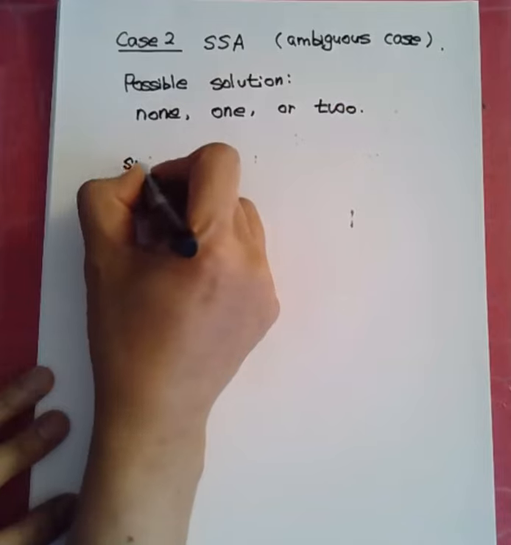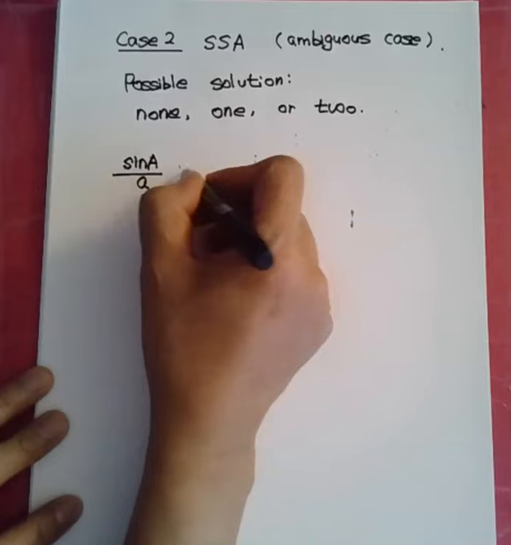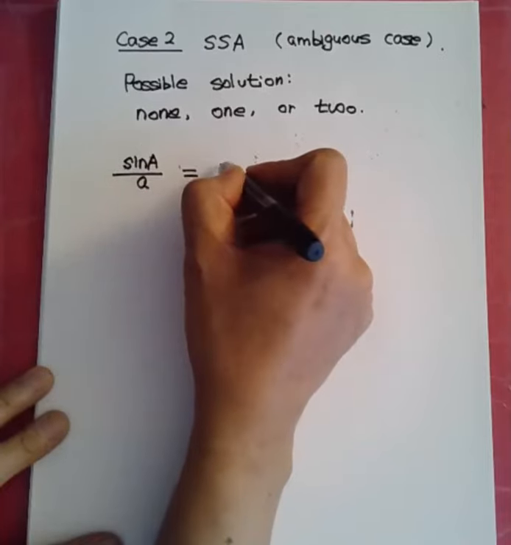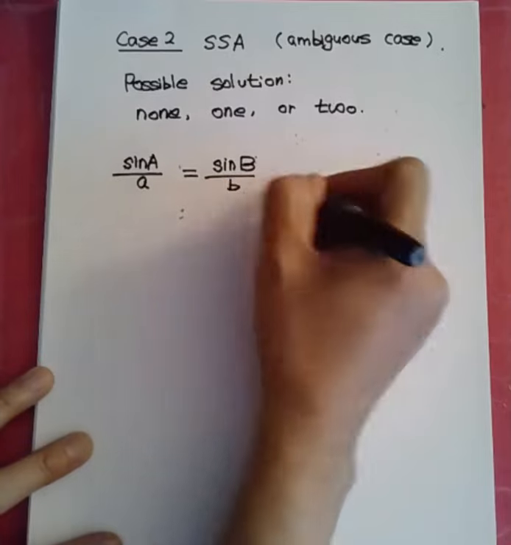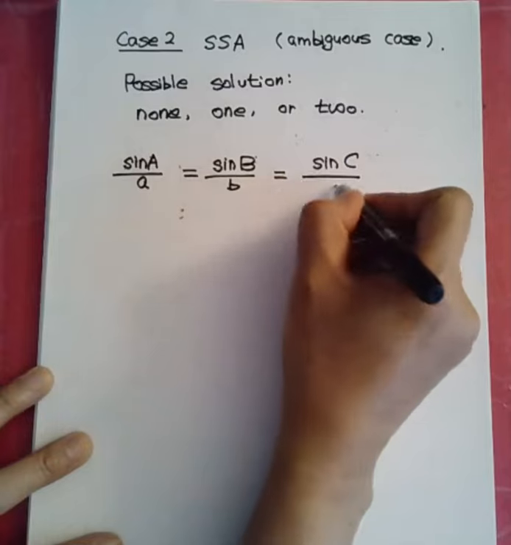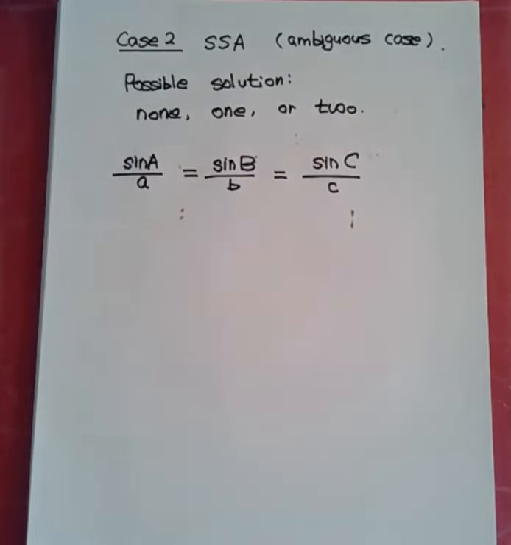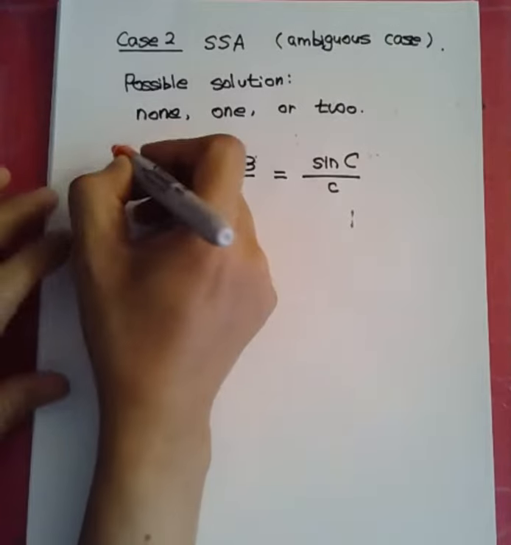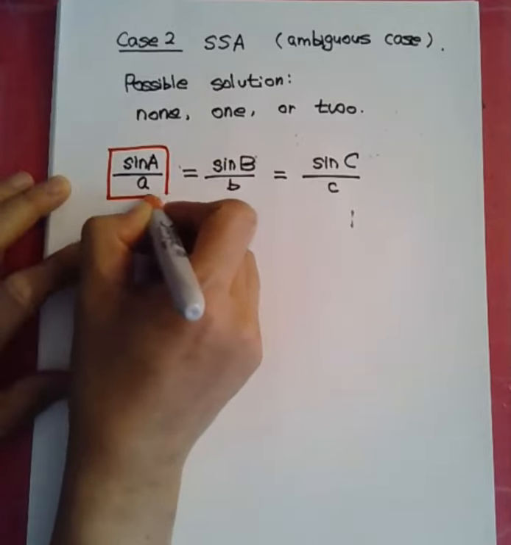Let's rewrite the law of sines. Then that is sine of A over a, sine of B over b, and sine of C over c. We are applying the law of sines, so at least one pair.